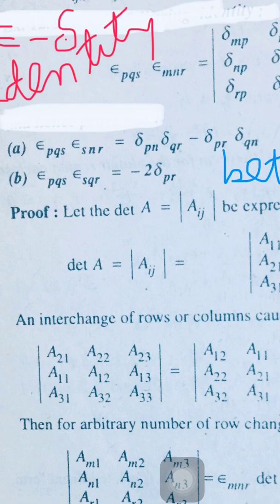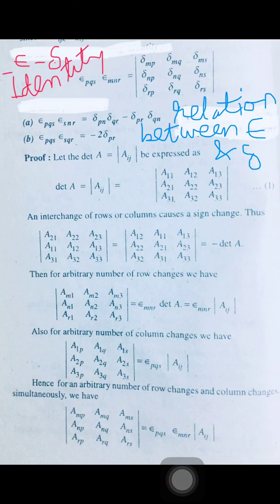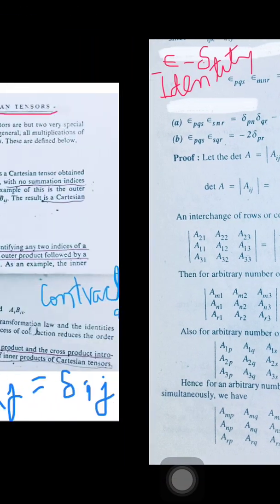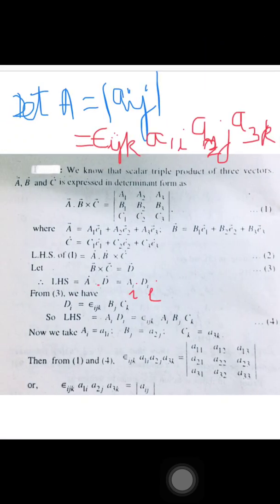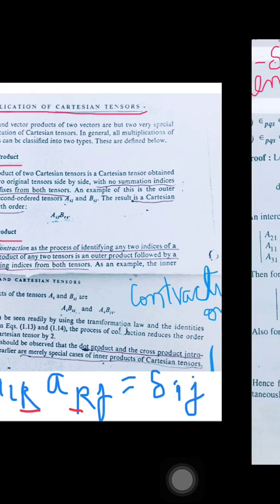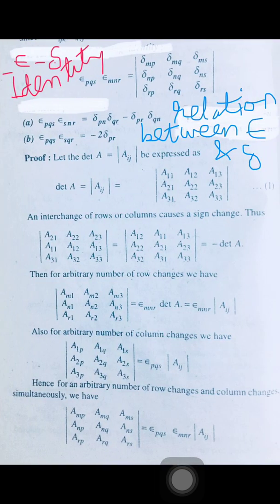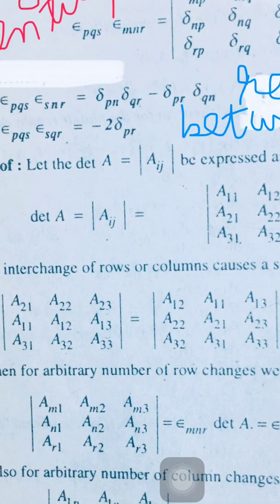Okay, how do we establish this identity? Here we have already seen in our earlier lecture that a determinant of aij, small aij, can be represented as epsilon ijk a1i a2j a3k. We have seen this in our earlier lecture or yesterday's lecture. Now using this, first we take any determinant A as the determinant of Aij. Here, in place of small aij, we have taken capital Aij.